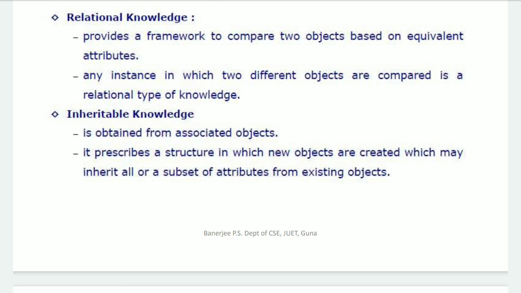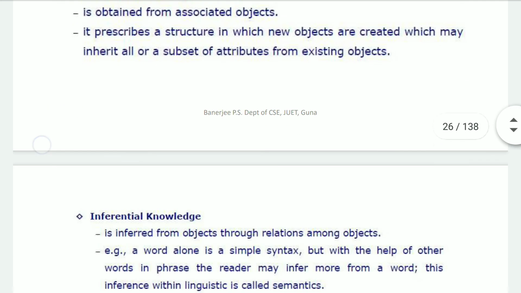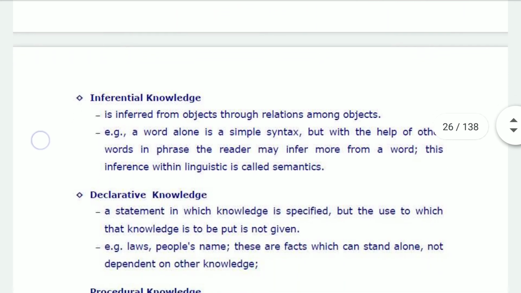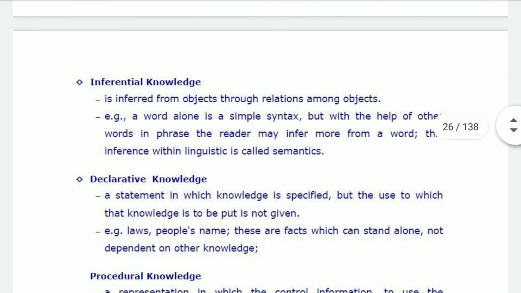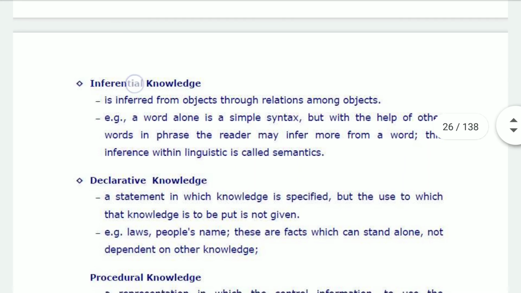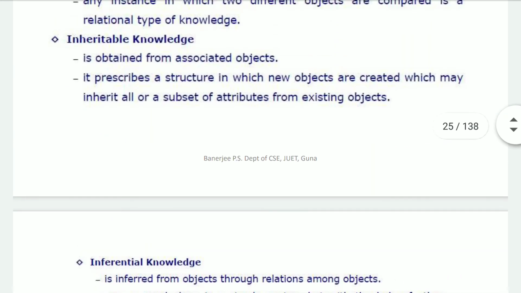And the higher versions of semantic net representations are the frames, which you have already gone through, right? Inferential knowledge is inferred from the objects through relations amongst those objects. You need not get confused between inferential knowledge and inheritable knowledge, right?